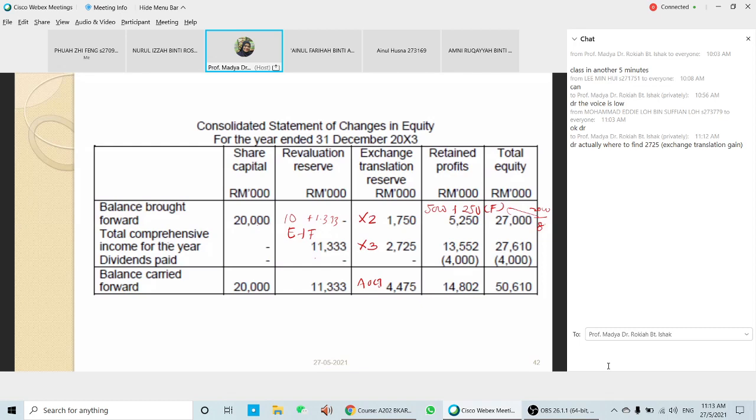Total comprehensive income revaluation surplus, 13,552. And then minus the dividends that we have. That one is our retained profit. Retained profit for the parent that we have here is 13,320. Okay, total up is two figures.